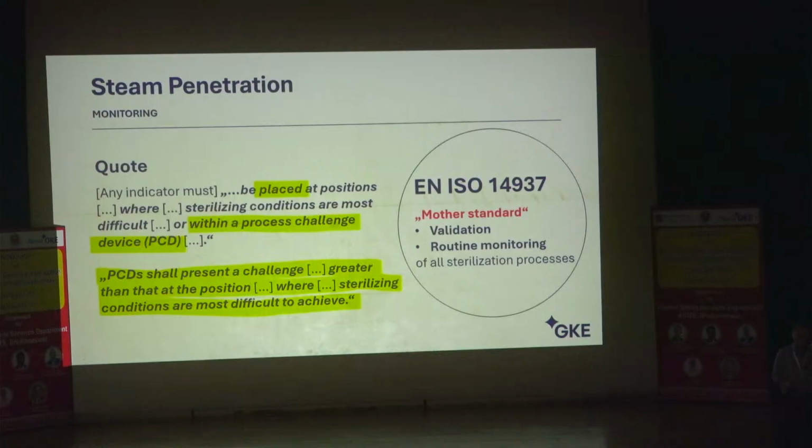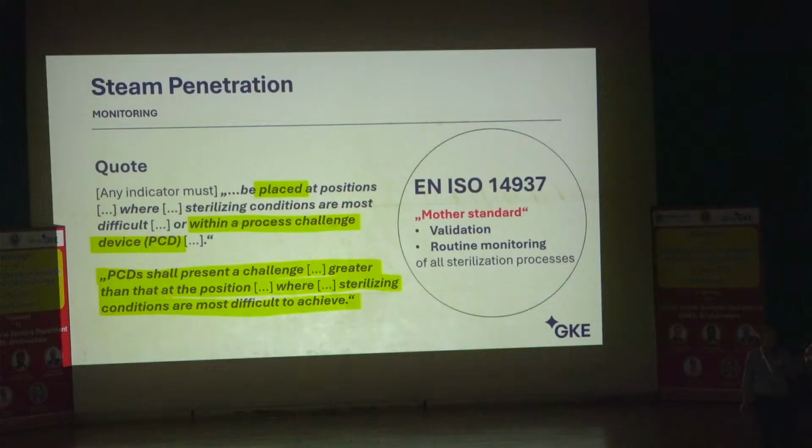Now this would be the final slide that we use. Indicators are not to be misused as a clock. It is not for measurement of time, but an indicator is a measurement of the presence, yes or no, of steam and of condensate at the point of testing. And this is why we have to provide a point of testing which is most difficult for the steam to enter.